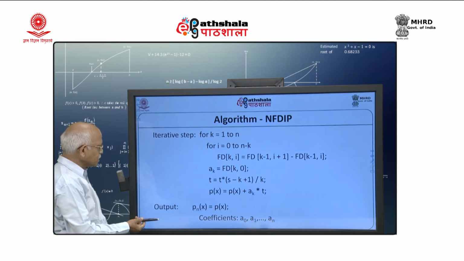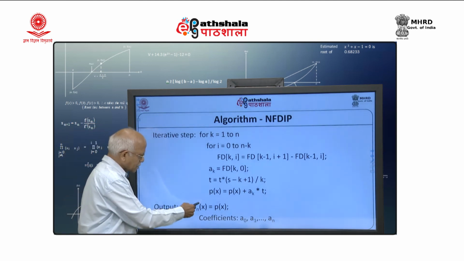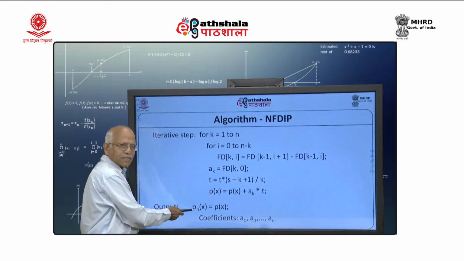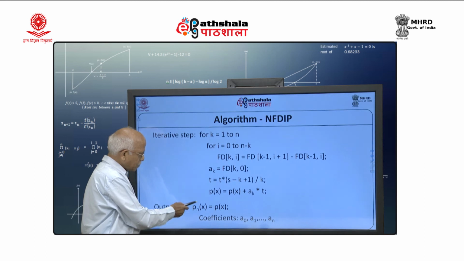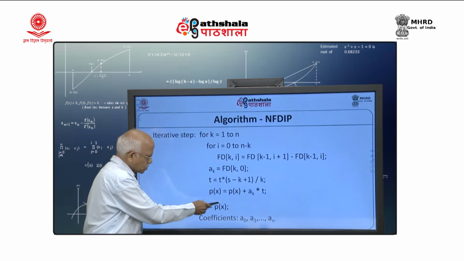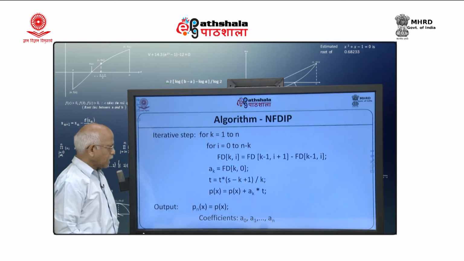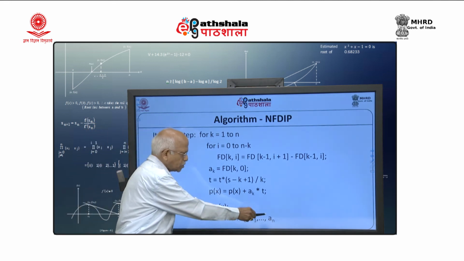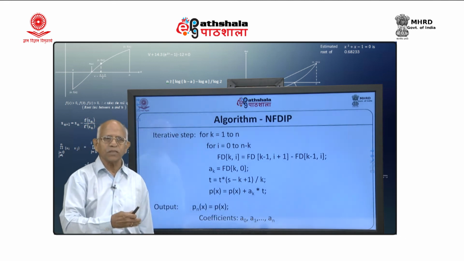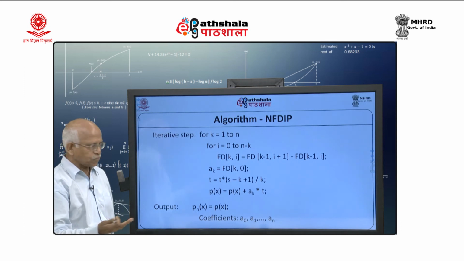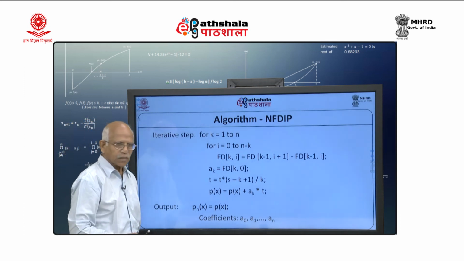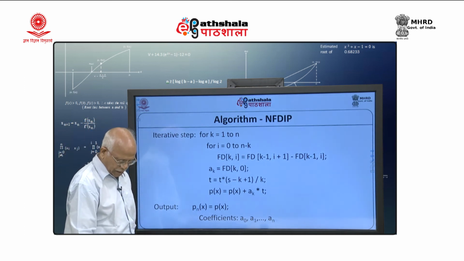So, my output is now clear that this is p n x, I am writing n only to indicate that this is an nth degree polynomial. So, p n x is nothing but p x here. This is what I will get as output, and the coefficients a 0, a 1, a 2, a 3, up to a n, which are the coefficients of the Newton's forward difference interpolating polynomial. So, this is my output.